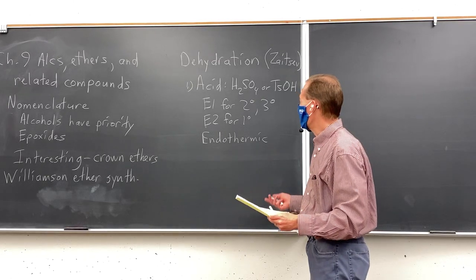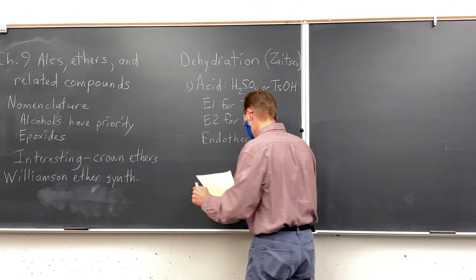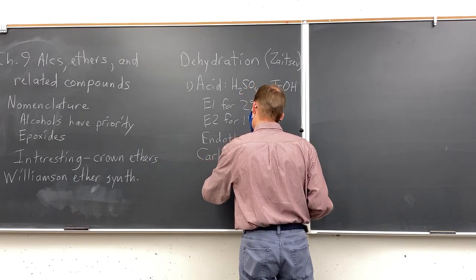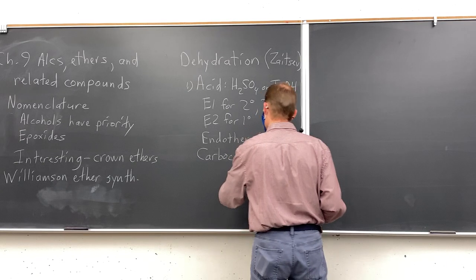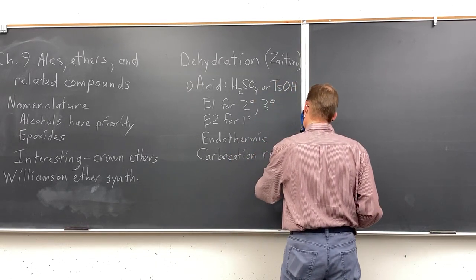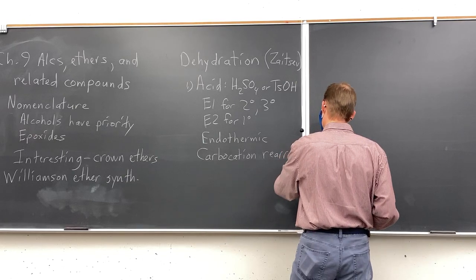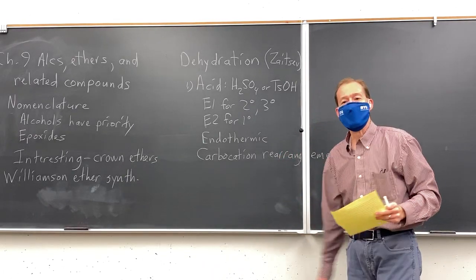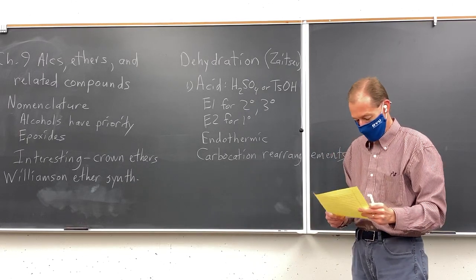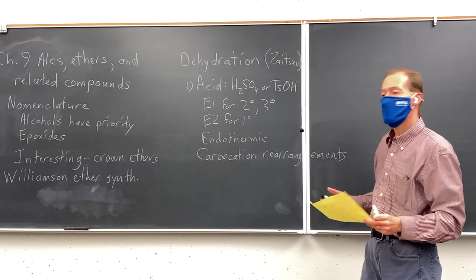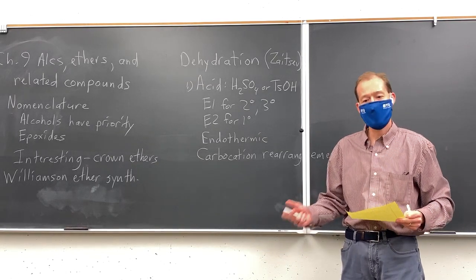And then we introduced the topic of carbocation rearrangements. Because there is a carbocation intermediate in this reaction, there are carbocation rearrangements that can occur in this process. So that's something we have to look out for. Two things to remember with carbocation rearrangements.